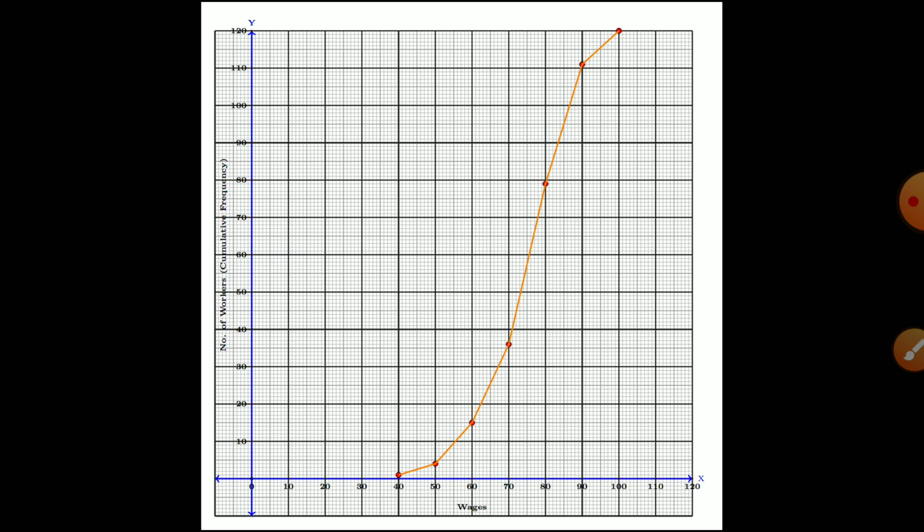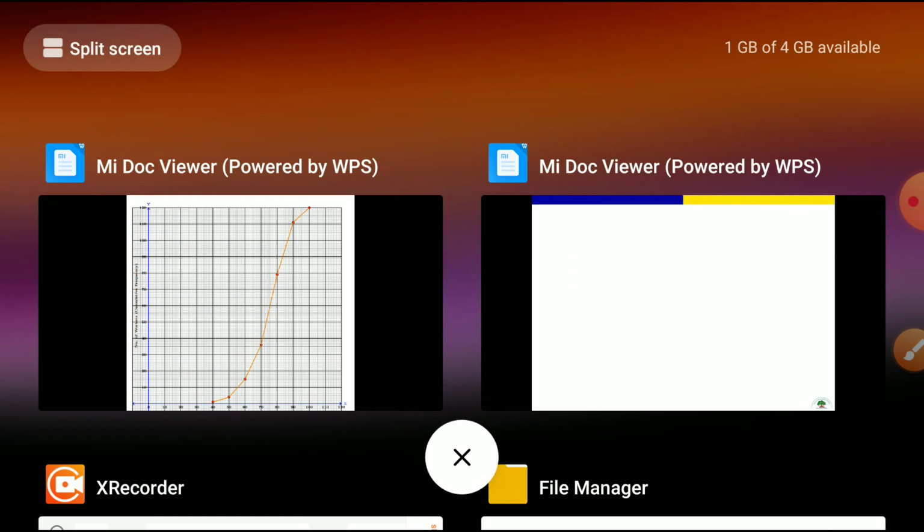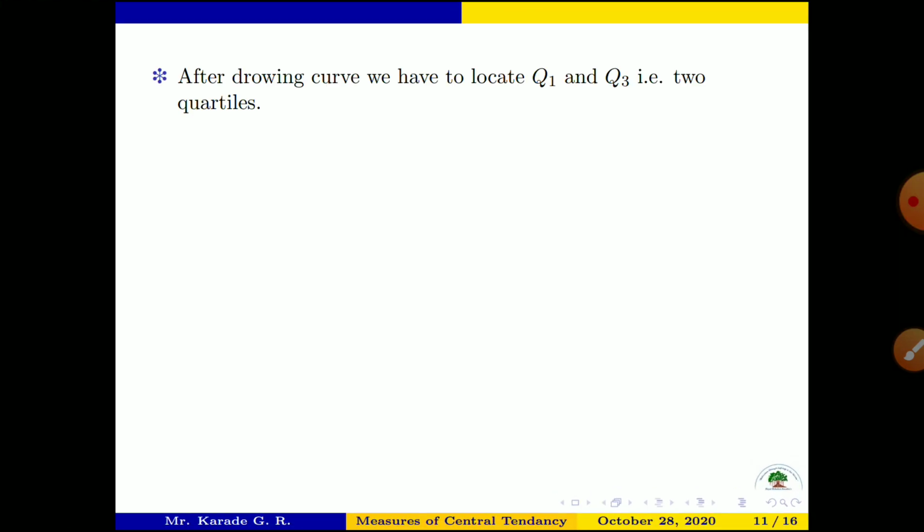So how to find these two quartiles? Let us see. After drawing the curve we have to locate Q1 and Q3, the two quartiles of the given frequency distribution. We can locate Q2 also. Q2 is nothing but the median of the given frequency distribution, and we can easily locate it as we locate Q1 and Q3.